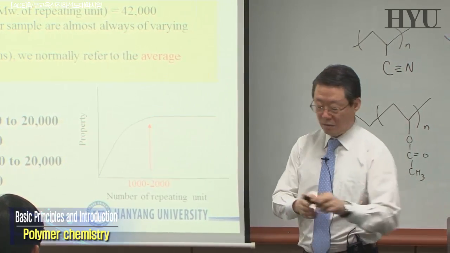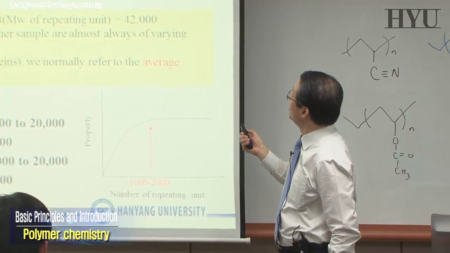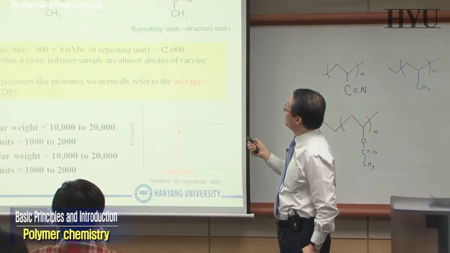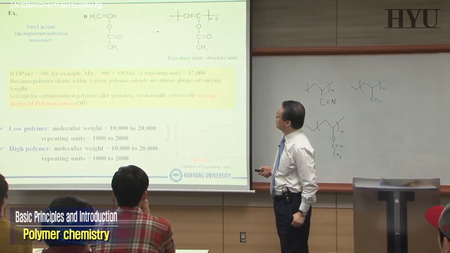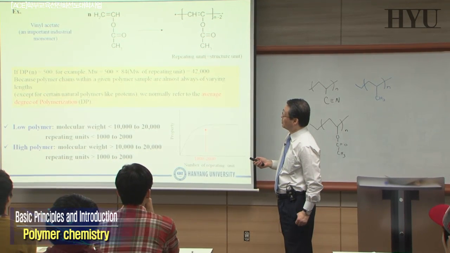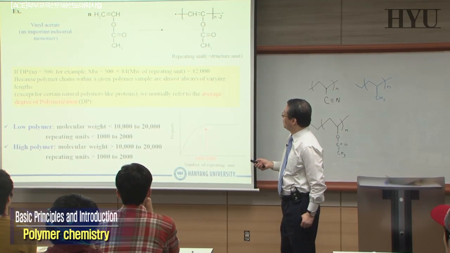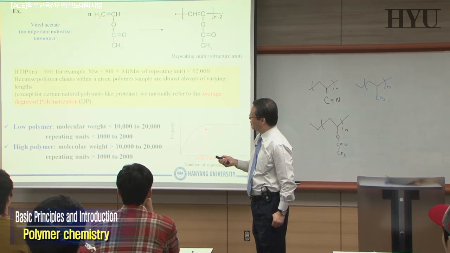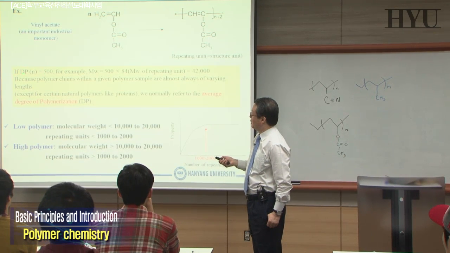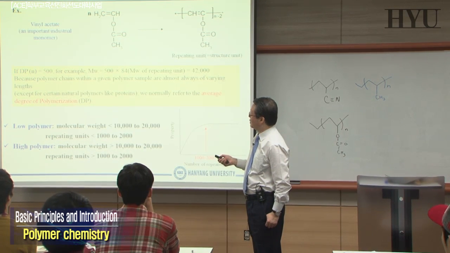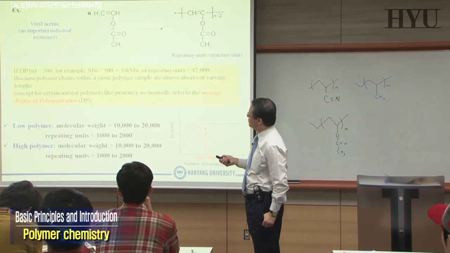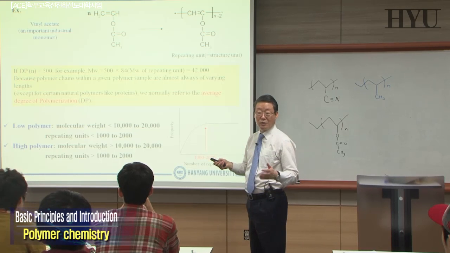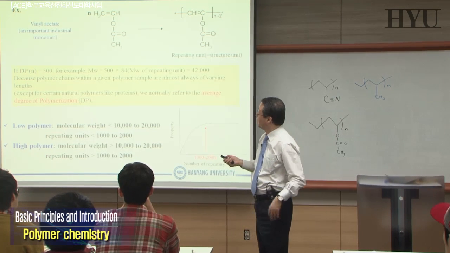Anyway, you can make a polymer out of this vinyl acetate, and it's very important in industrial applications. Now, there is an example exercise where N, in this case, is 500. So the repeating unit or degree of polymerization is about 500.